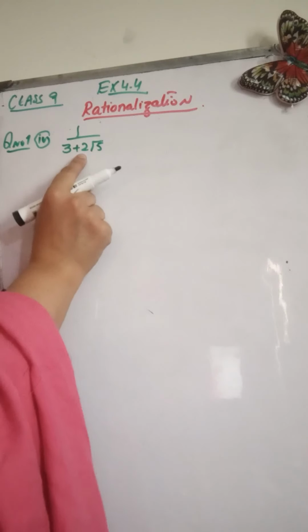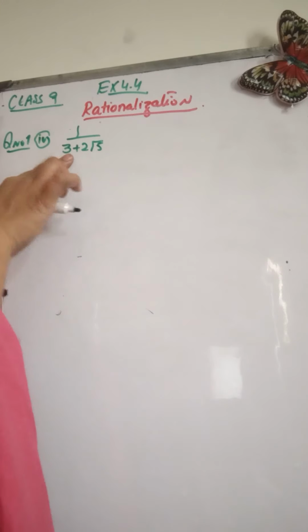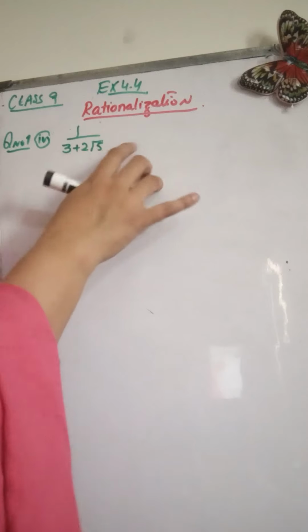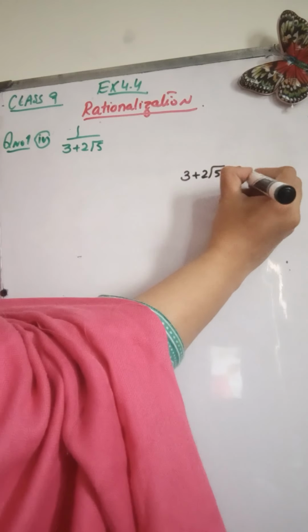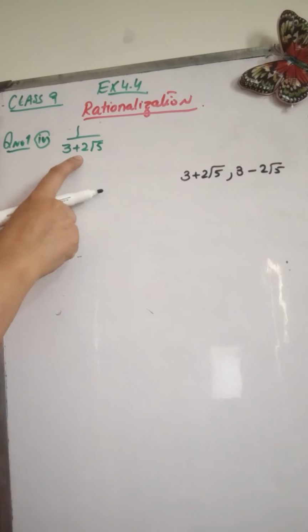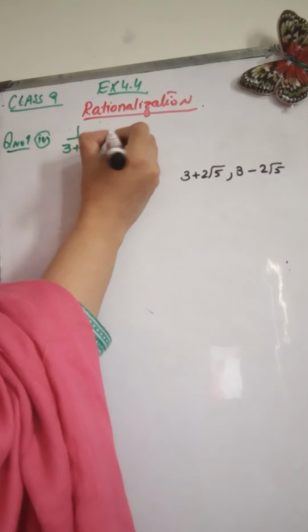For that, the procedure is that you are going to find the conjugate of the surd which is in the denominator, and multiply it with the denominator as well as the numerator. The conjugate of 3 plus 2 under root 5 will be 3 minus 2 under root 5.